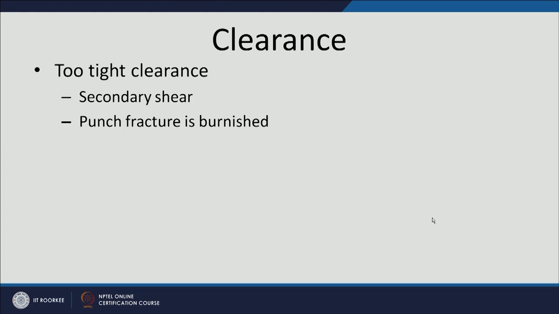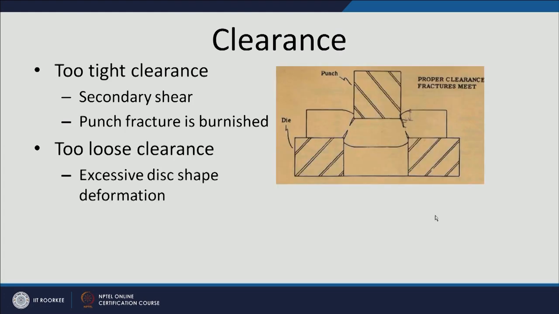When the clearance is optimum, all around the circumference the cracks propagate from both edges, from the lower side of the punch and the upper side of the die, and they meet at the center.